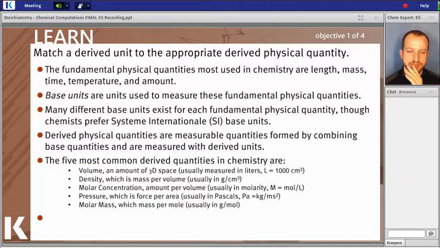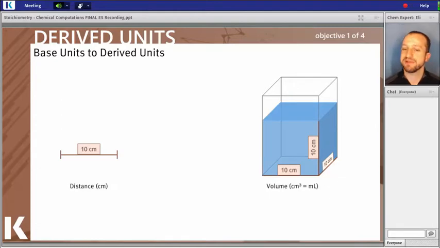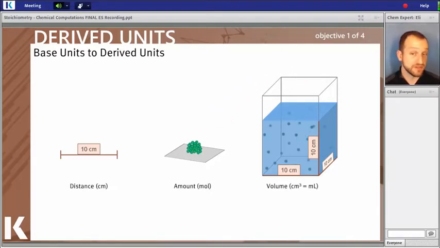Take a look. Suppose I have a length, 10 centimeters here off to the left, and I want to use that as a template to maybe do a section off a perfect cube here in this box on the right-hand side. Perfect, a 10 centimeter, 10 centimeter, 10 centimeter cube. Let's fill this in, because we've got volume now, with some water. Now suppose I want to toss an amount of stuff into that water, like maybe a convenient pile of atoms I have right here. And let's just say, for convenience, that it's exactly 1 mole's worth. Tossing that into the water, it should spread out and dissolve evenly.